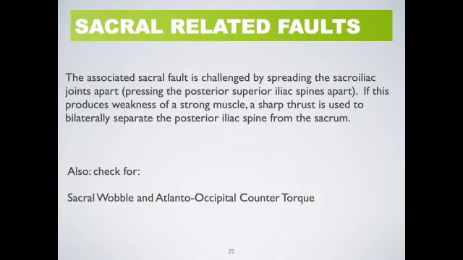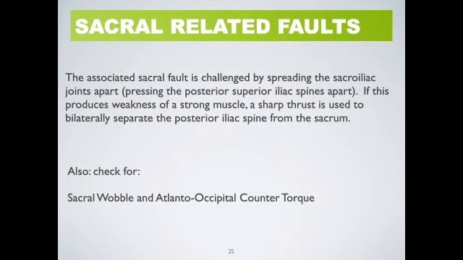Now, there are a couple of sacral faults that may be associated with this. One is sacral wobble. You remember from, I don't know how many sessions ago that was, but the TL for sacral wobble is the hands in a prayer position, lying right over your sacrum. And of course, atlanto-occipital countertorque, which is very similar.